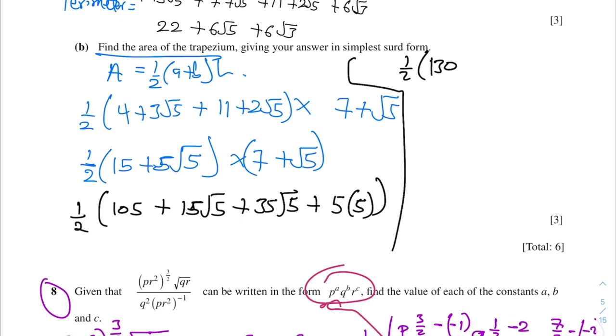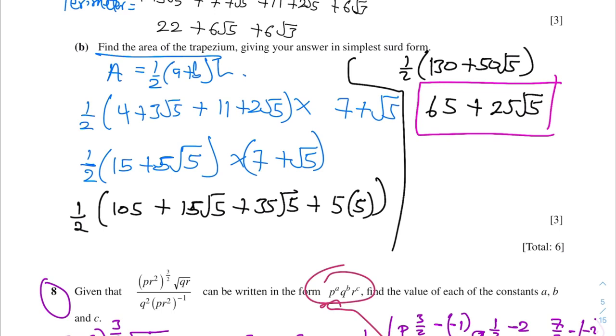Then I'm going to have 15 plus 35, giving me 50 root 5. So at this stage, I can now multiply by the half. So 130 divided by 2 is 65, and then 50 divided by 2 is 25. So basically, this is the area of the shape. This is where we end.